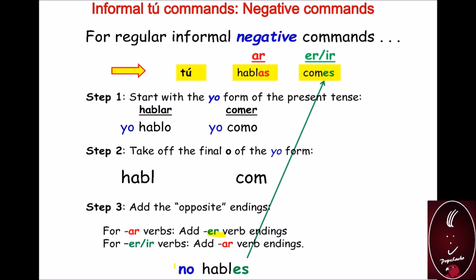So the informal regular negative command is no hables. For the verb comer, we're going to add the opposite ending for the AR verb. The informal negative command is no comas.